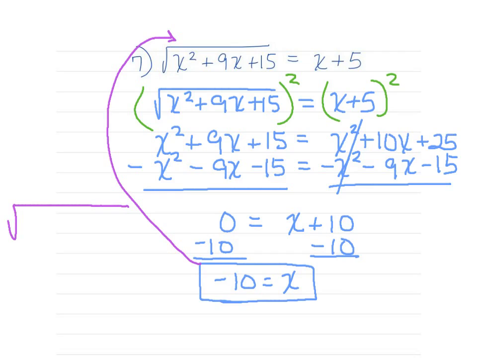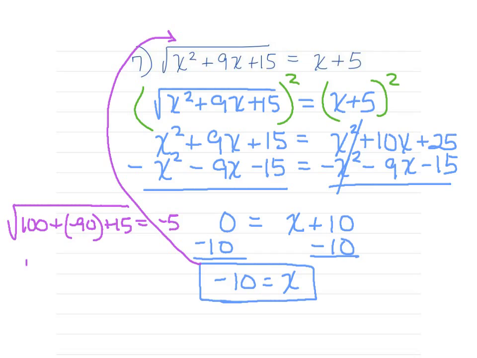So I would have radical negative 10 squared, which is 100, plus 9 times negative 10, that's negative 90, plus 15, is supposed to equal negative 10 plus 5, which is negative 5.